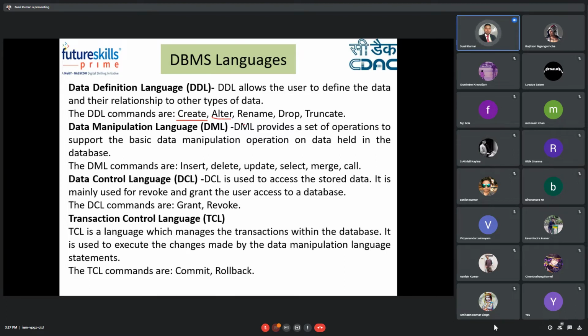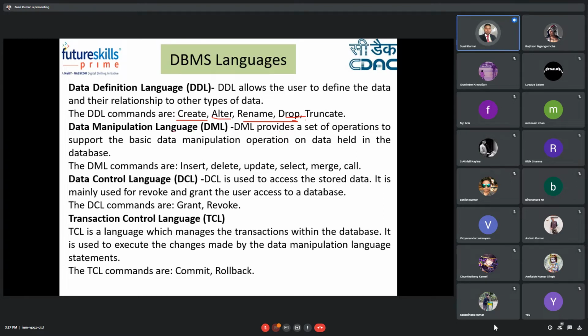Basically, the alter command is used to change the name of a field or of a table. Suppose you have wrongly entered the name of your table, so by using alter, you can change the name. Rename can also be used, but rename and alter have some significant differences. We will see it later in the practical part. Drop is also a command we use to drop tables from the database.